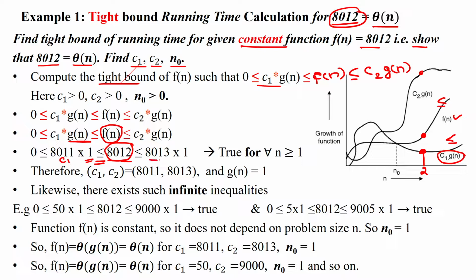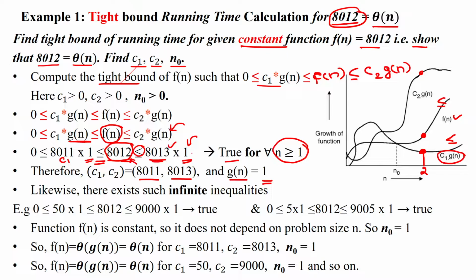And for C2, I am taking a greater value than 8012, so I am taking 8013. Then g of n is 1, because I am taking the constant function 1. So from this we can say C1 is 8011 and C2 is 8013, and given function g of n equal to 1. It will be true for all n greater than or equal to 1.